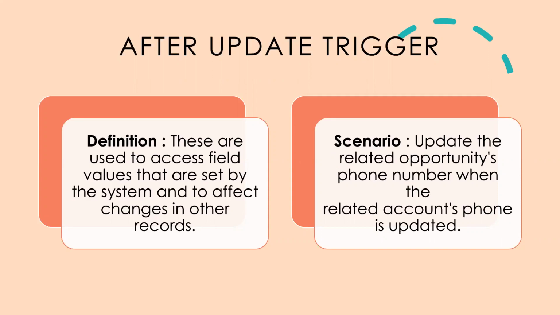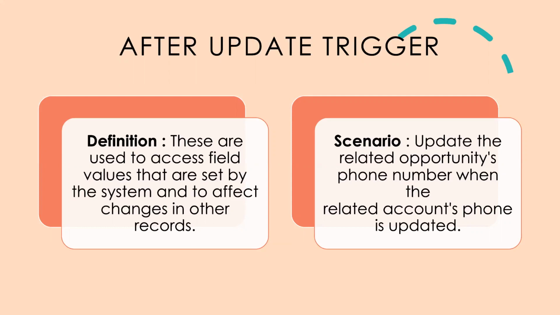So in this scenario, we are doing something similar to the previous one. We will be updating the account phone number, and whatever phone number I give on the account while updating it, I want that phone number to also be updated on the associated opportunity. In the previous session we created opportunities automatically on account, so that is how we saw how account is related to opportunities.